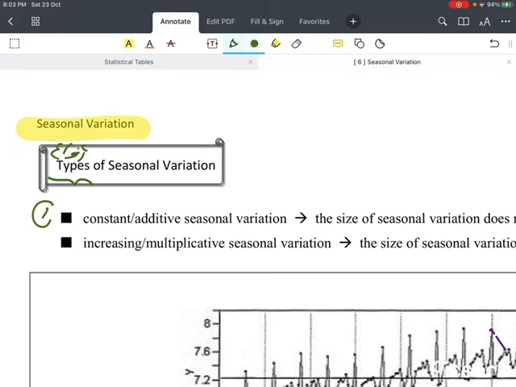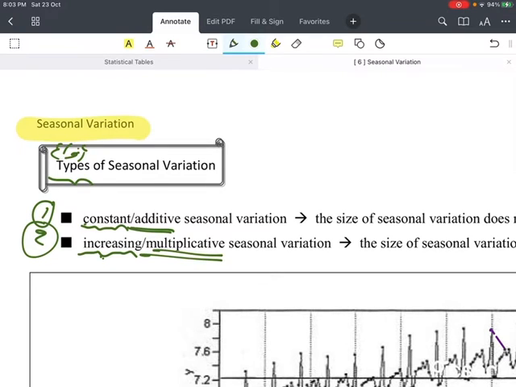This is the first type. This is the second type. The first type is called constant. The second type is called increasing. If it is constant, that means it is additive seasonal variation. And if it is increasing, that means it is multiplicative seasonal variation.